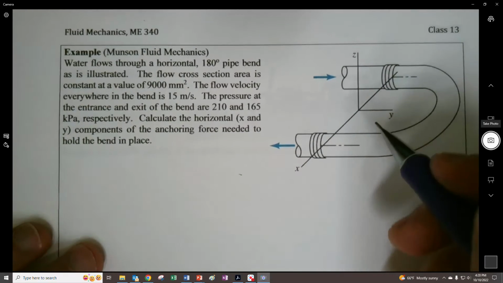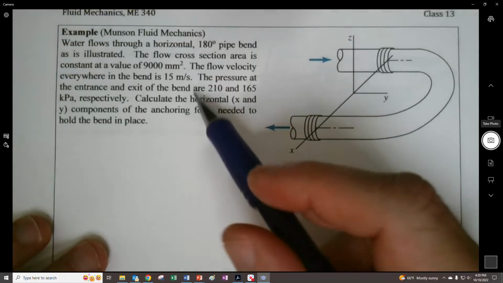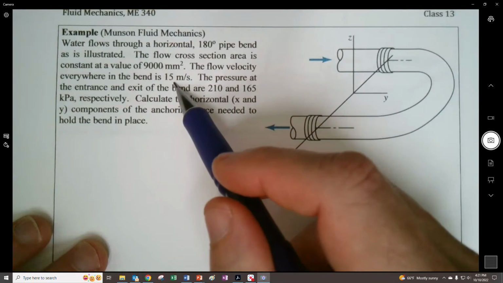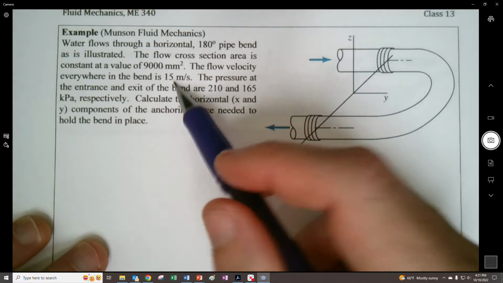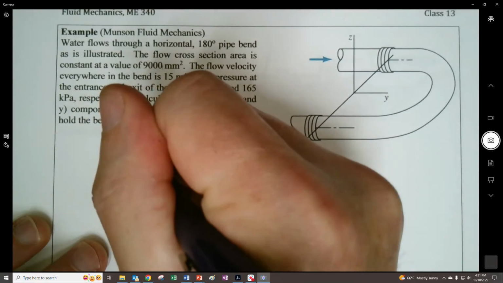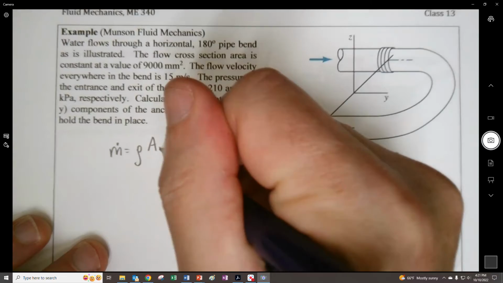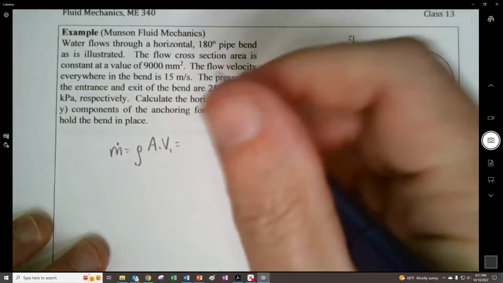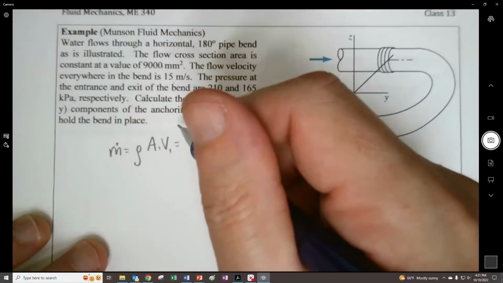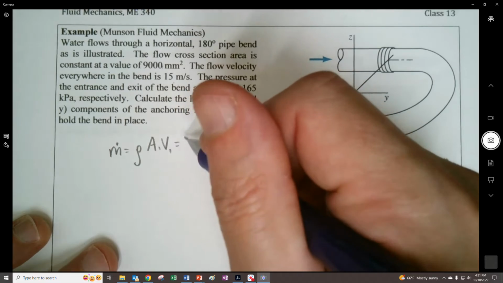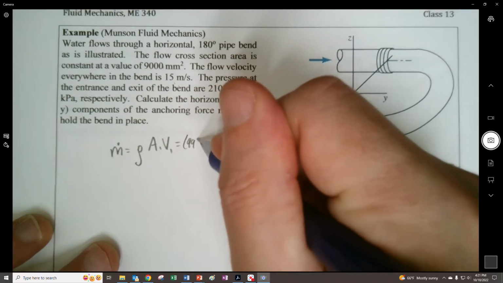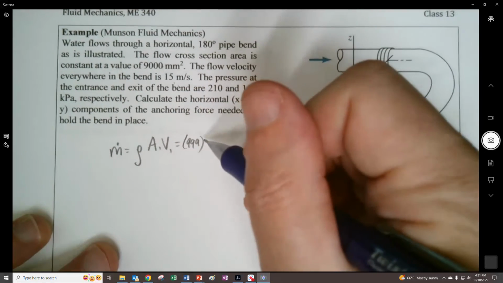So they gave us the area and they gave us the speed, so we can get the mass flow. That's probably a good thing to start with. They say it's water, and we're using metric, so that's 999 kilograms per cubic meter.